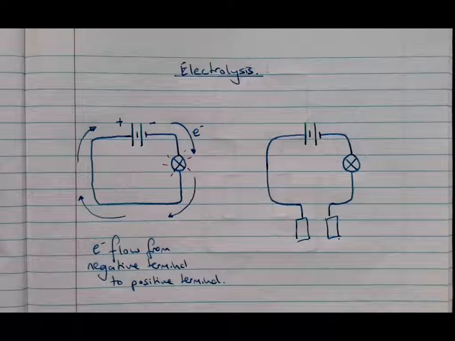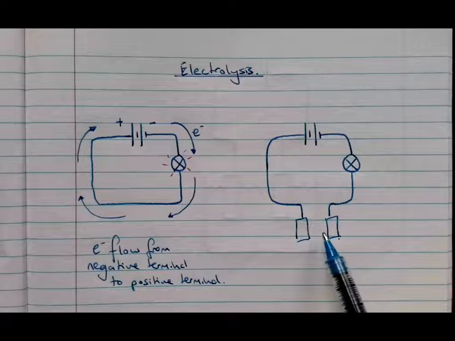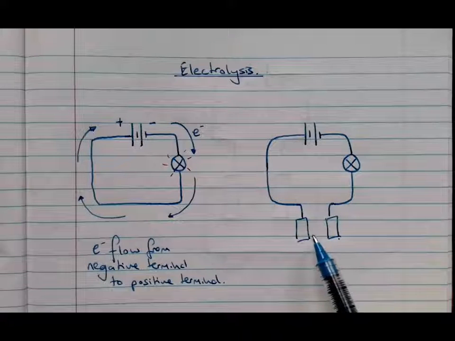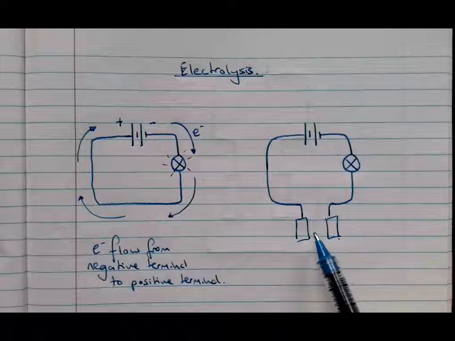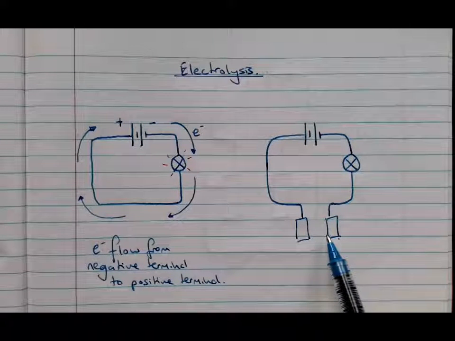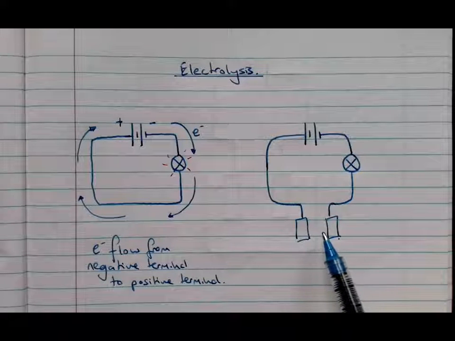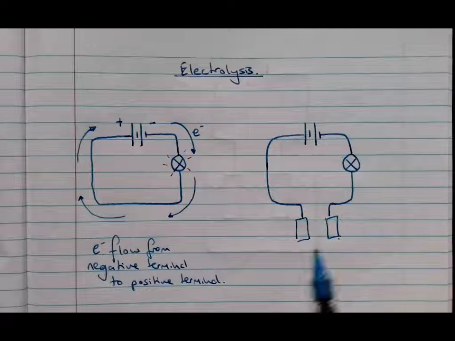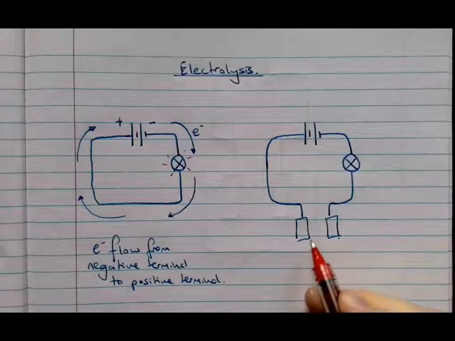Now what we're going to try and do is put something in between these two ends of the circuit to see if electricity can flow across. At the moment there's just thin air between them, so the current can't flow, because there are no charged particles to carry the electrical current between those two ends of the circuit.